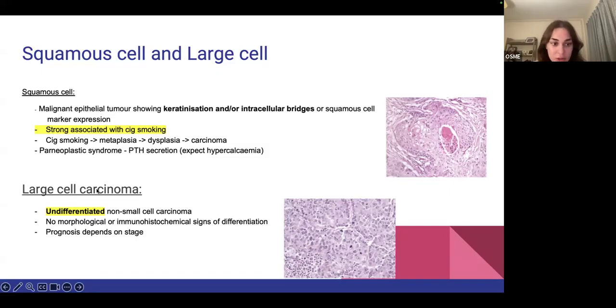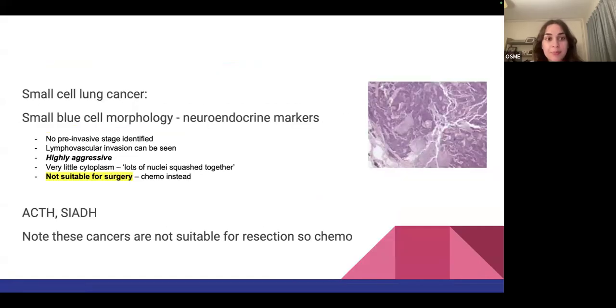Large cell carcinomas are undifferentiated. They're a non-small cell carcinoma, as I mentioned earlier, and there's no real sign of differentiation.